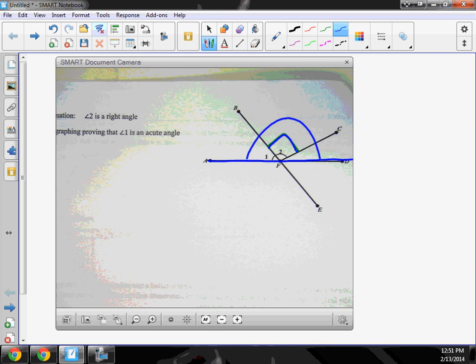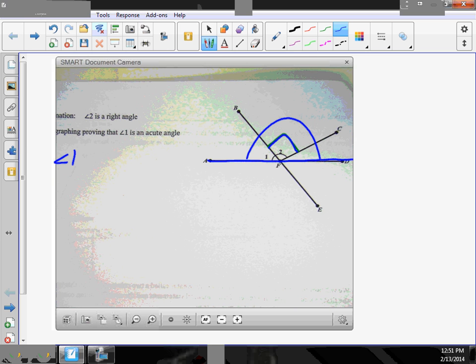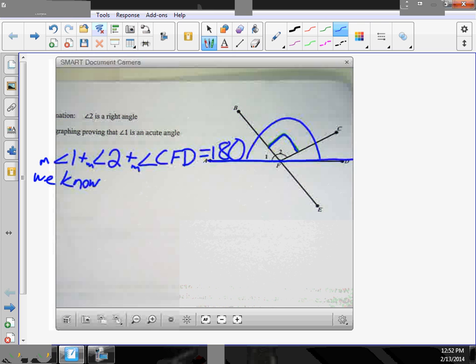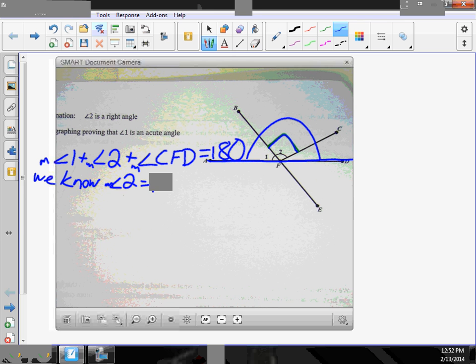So Peyton is saying angle 1 plus angle 2 plus angle, well, and these are all measures, right? Angle CFD equal 180, right? And we know that the measure of angle 2 equals 90 degrees.